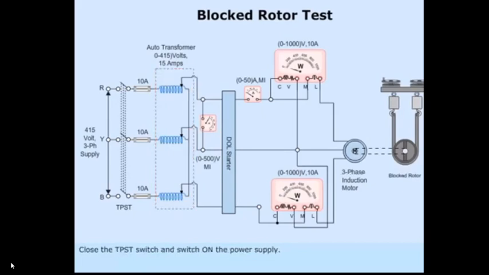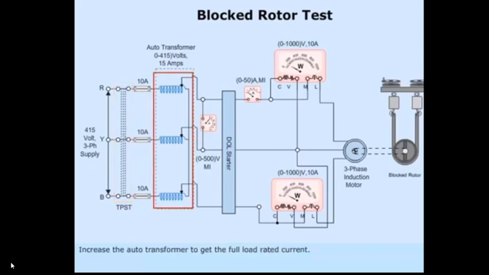Then we close the TPST switch again, and by varying the auto transformer value, we move the readings to the rated value. We can see that the brake drum is locked, so there is no rotation of the rotor.